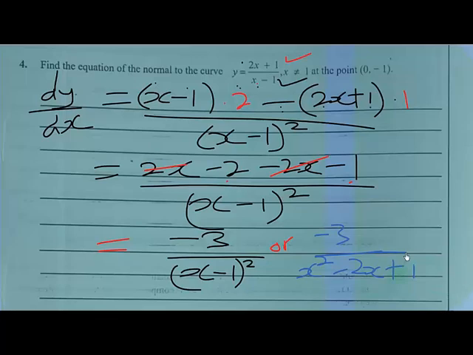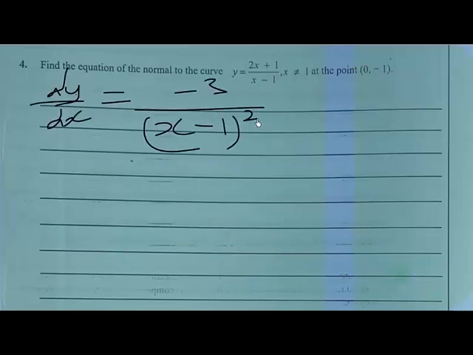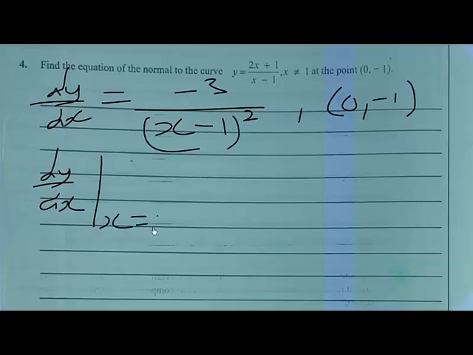So we now have to substitute x equals 0 in order to find the gradient of the curve. So at the point 0, -1, x is equal to 0. So the gradient dy dx at x equal 0: we substitute 0 here.